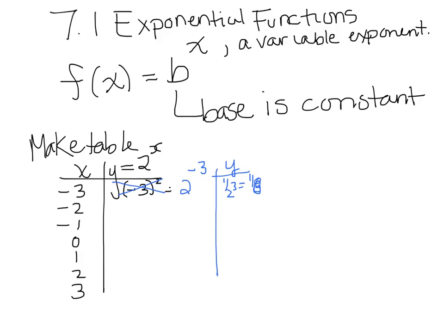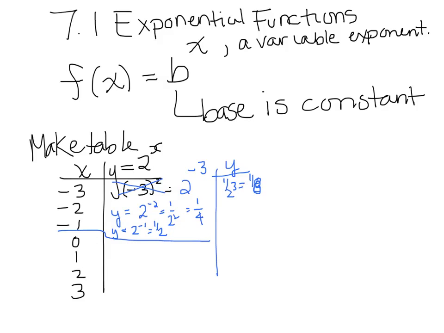So we have y is equal to the base 2 raised to -2, which is 1 over 2 squared, which is 1 over 4. All right, see what's going on? We're making use of our negative exponents, and then we just have to raise to a power. So y is equal to 2 to the -1, that's just 1 over 2.